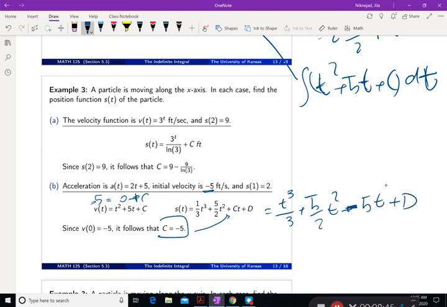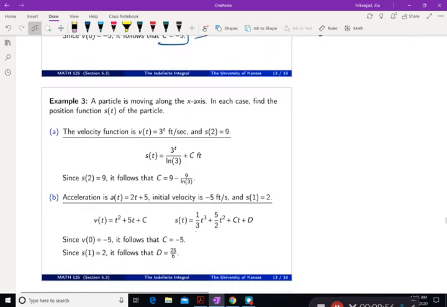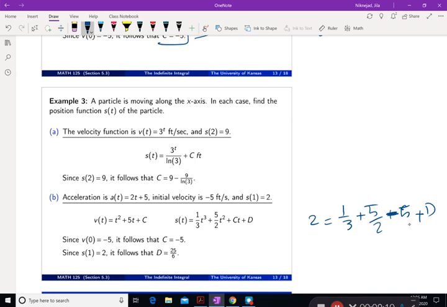Now this time plug in 1 for t, and then the output should be 2, and you compute d in there. So using the computation, you get basically minus 5 plus d, and you compute d, and d turns out to be 25 divided by 6.